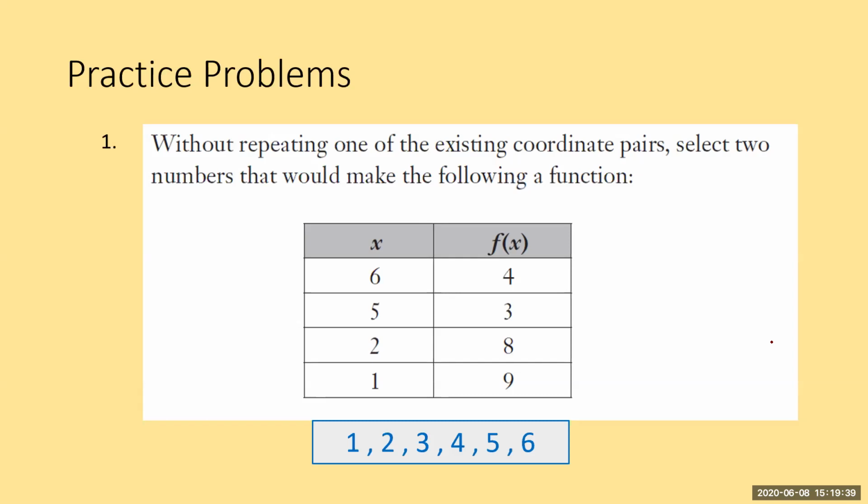So question 1 says, without repeating one of the existing coordinate pairs, select 2 numbers that would make the following a function. So using the list, the blue list down at the bottom, you want to create a coordinate pair that you could add to the table that would make this a function.